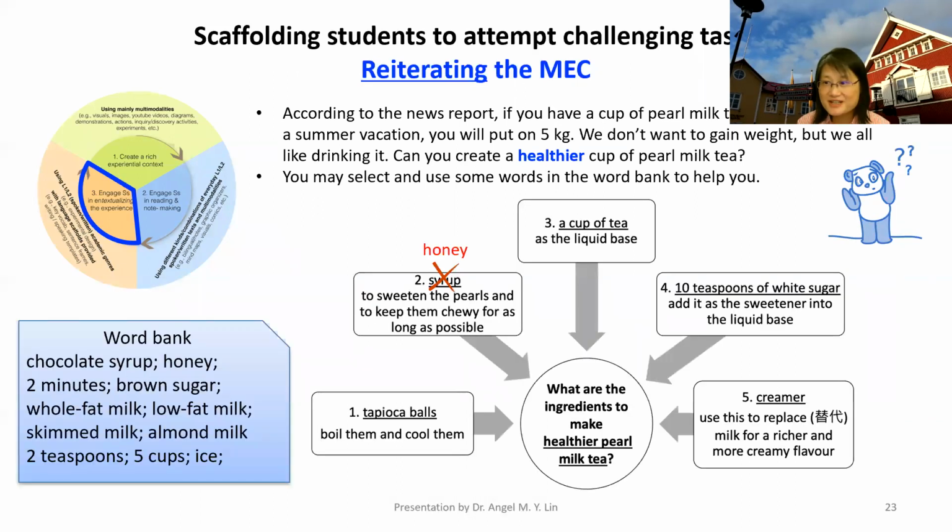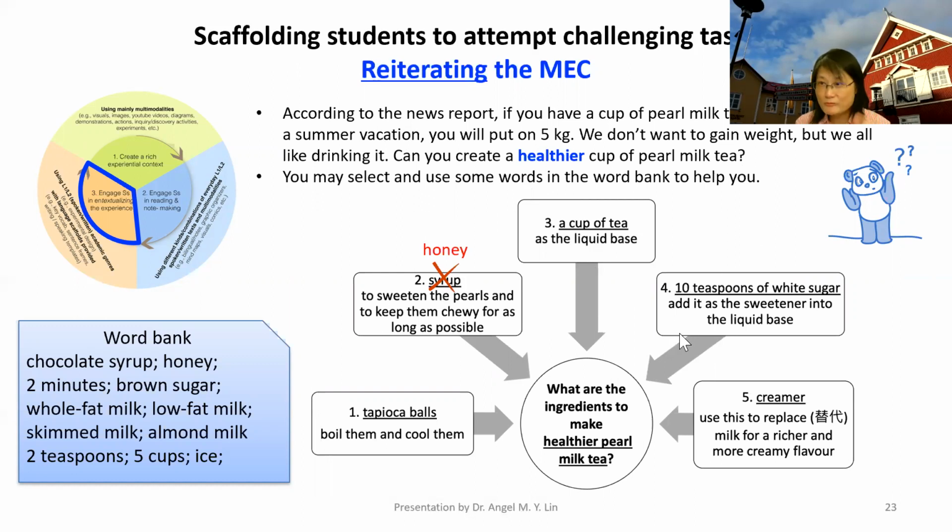And in the final stage, they need to reinvent, redesign the 珍珠奶茶 recipe to make it healthier. So for example, instead of using syrup, you use honey instead. So students can discuss how they can rewrite, redesign the recipe of 珍珠奶茶 to make it less unhealthy.